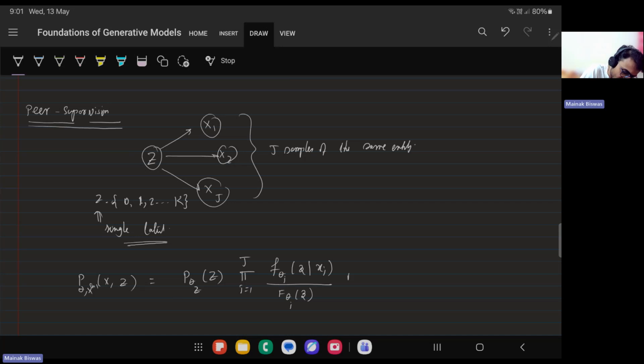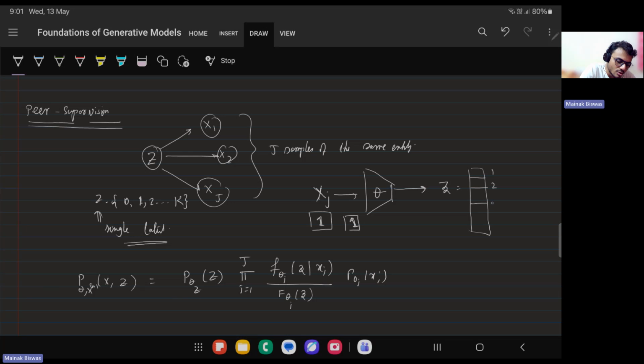Could have j's over here. So now this is a model that will take my xj's. It will be the same model. Mostly people use the same model. For example, this is my MNIST. This is 1, 1. This is another 1. And it will pass to the same MNIST and it will give me a z. And this will give me a categorical distribution of 10 values, 1, 2, 3, and all the way to 10 values, 10 categories, because my z is a 10 category latent.